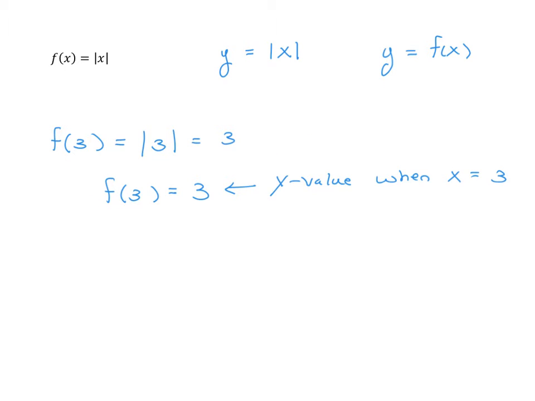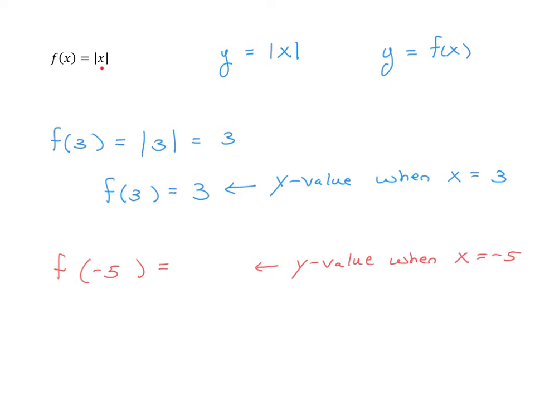Likewise, we could do this for another point. Like you could say, well, what's f of negative 5? Before we even compute it, whatever the answer is going to be is the y value when x is equal to negative 5. But to actually compute it, we would go back to our formula.